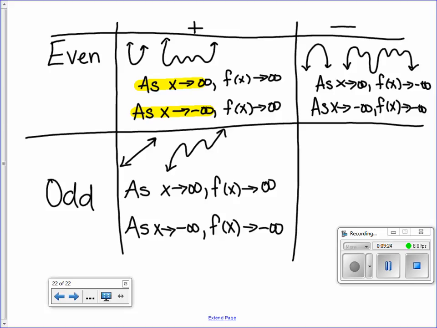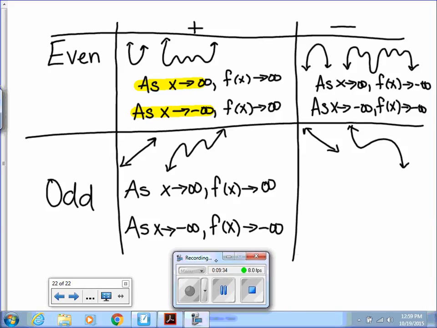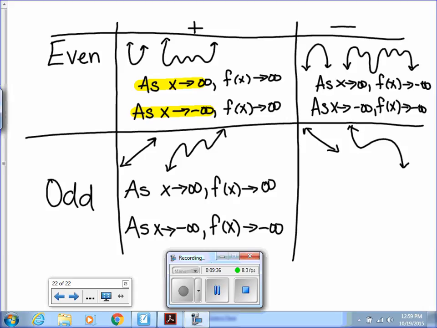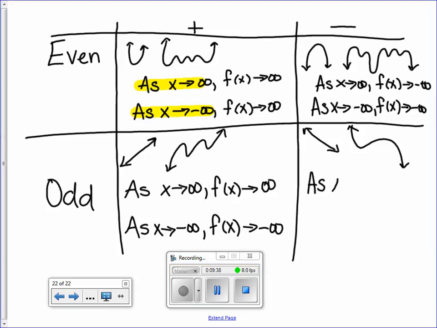Let's try odd with a negative. It's just going to look like this. Again, I want to know what's happening at the right. As x goes off to infinity, what's f of x doing?